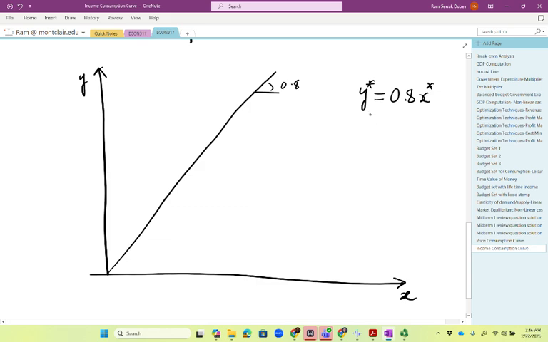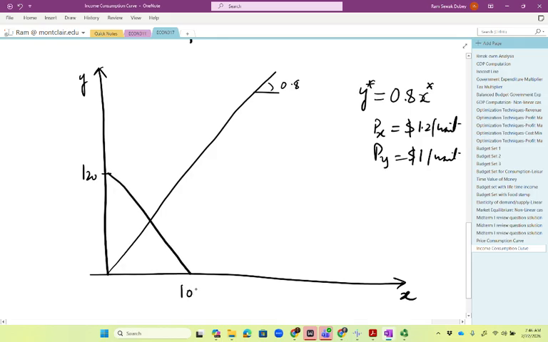Our original budget set: if I go back to the original prices, $1.2 per unit was the price of good X, the price of good Y was $1 per unit, and let's say we have an income of $120, so I get 120 here, 100 here.